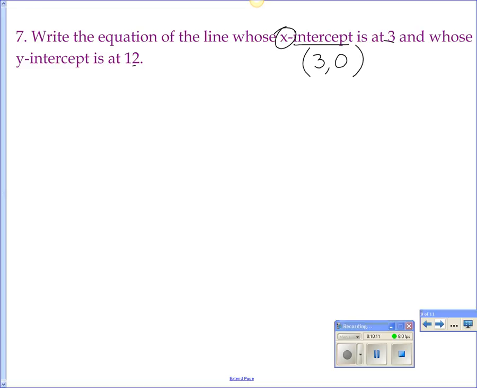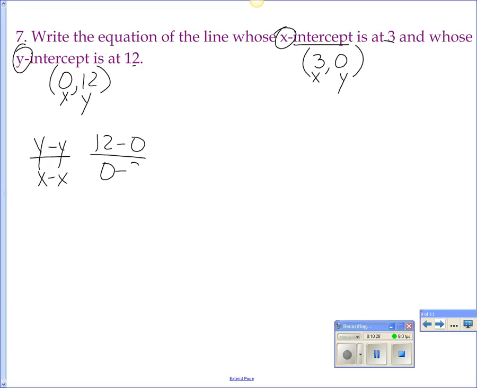So 3, 0 is one of them, and 0, 12 is the other. Now I'm going to do y minus y over x minus x. 12 minus 0 over 0 minus 3 is 12 over negative 3, which equals negative 4. And that is my m.